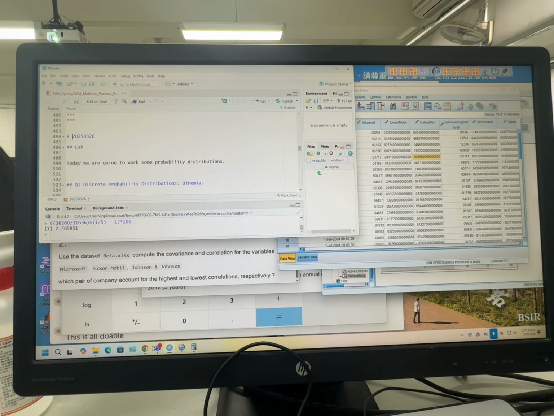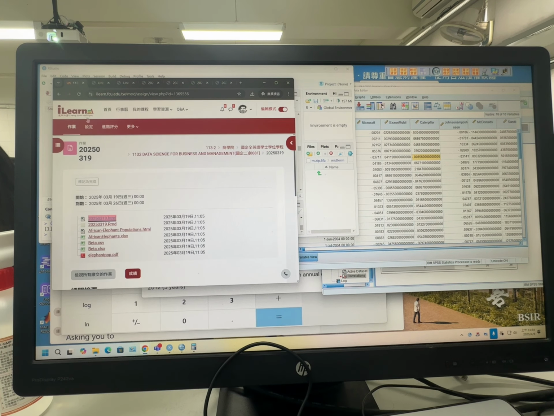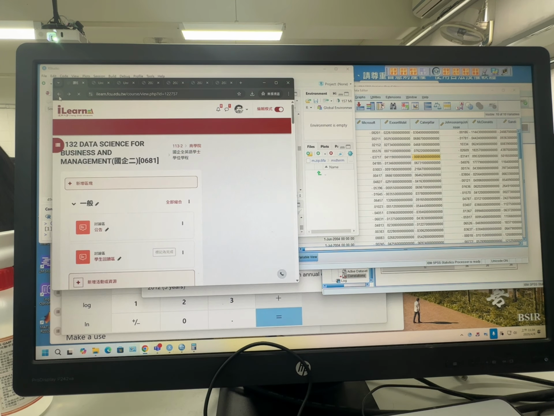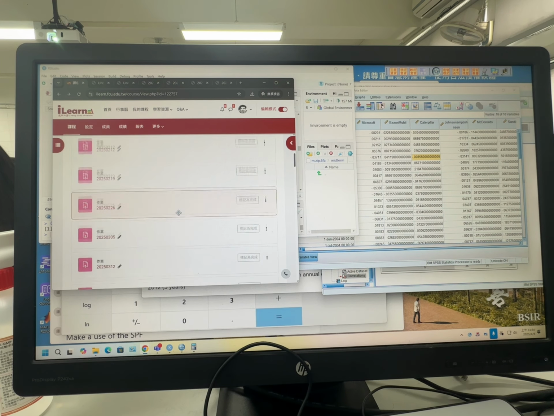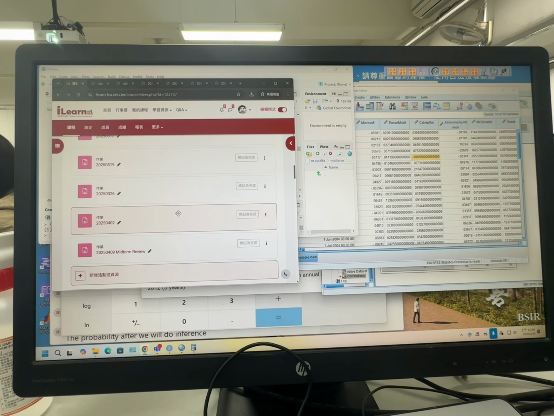It's simply asking you to use SPSS to compute the probability. After midterm, we will do inference, and there will be more general ones to make a decision. Because in data science, as a manager, you have to make a decision based on the number.